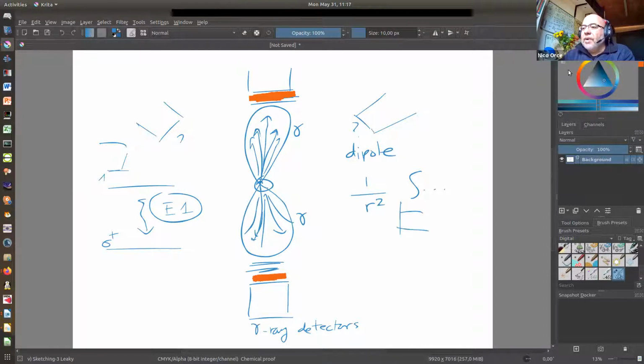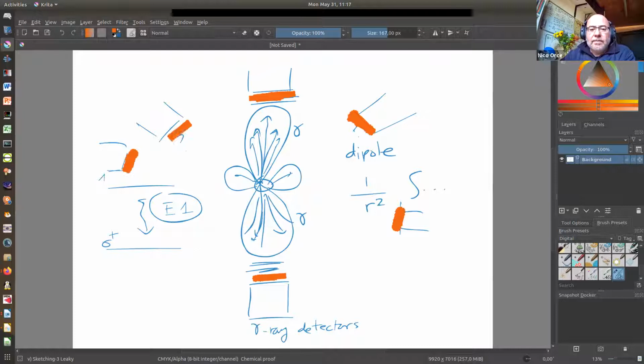So for the dipole, again, it will be something similar, but for the dipole we'll need those detectors on the sides because these blobs will also emit radiation. And again, for the particular case of the quadrupole, we also get radiation on these detectors on the side, right?